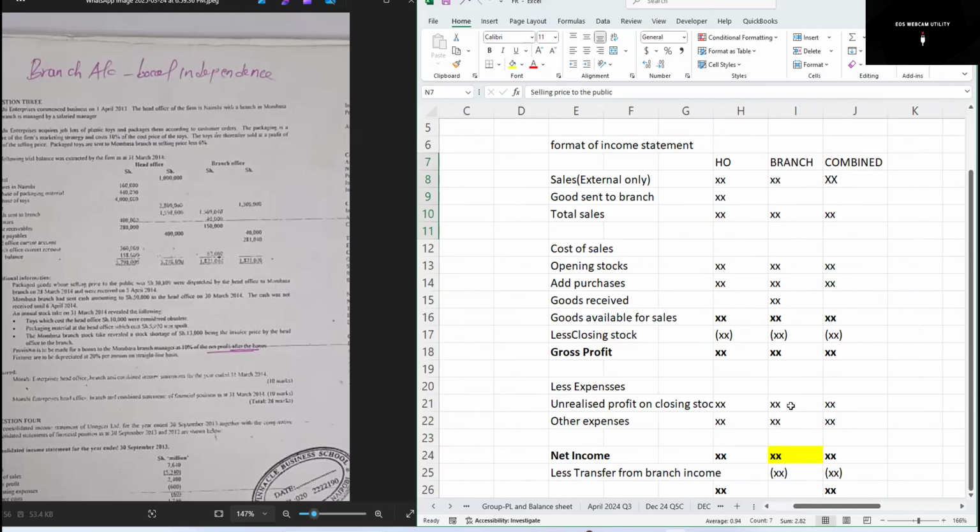Then additional information, number one: the packaged goods whose selling price to the public was 3809 were dispatched by the head office to the Mombasa branch on 28 March 2014 and were received on 1st April 2014. When are we closing these books of account? It is 1st March 2014. When were we receiving these goods? On 5th of April. So in that case, how will we treat those goods?